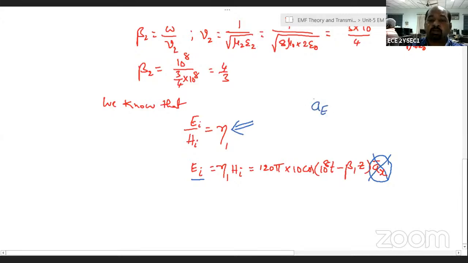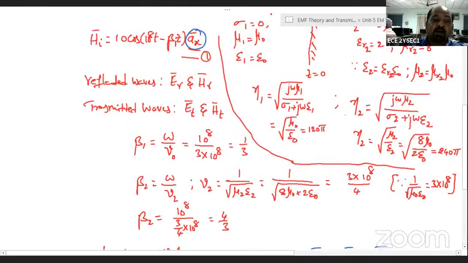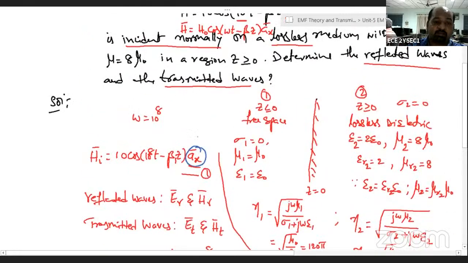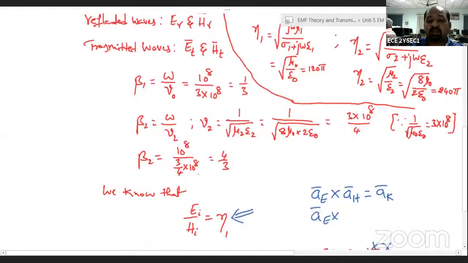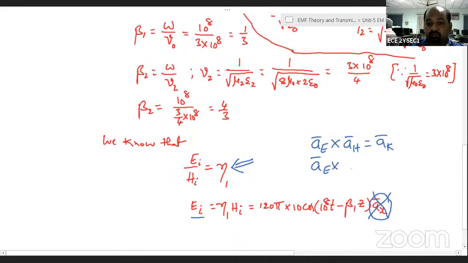We know that aE bar cross aH bar is equal to aK bar. We don't know aE bar, but aH bar we know because it was given in the problem. So the direction of magnetic field is ax bar.